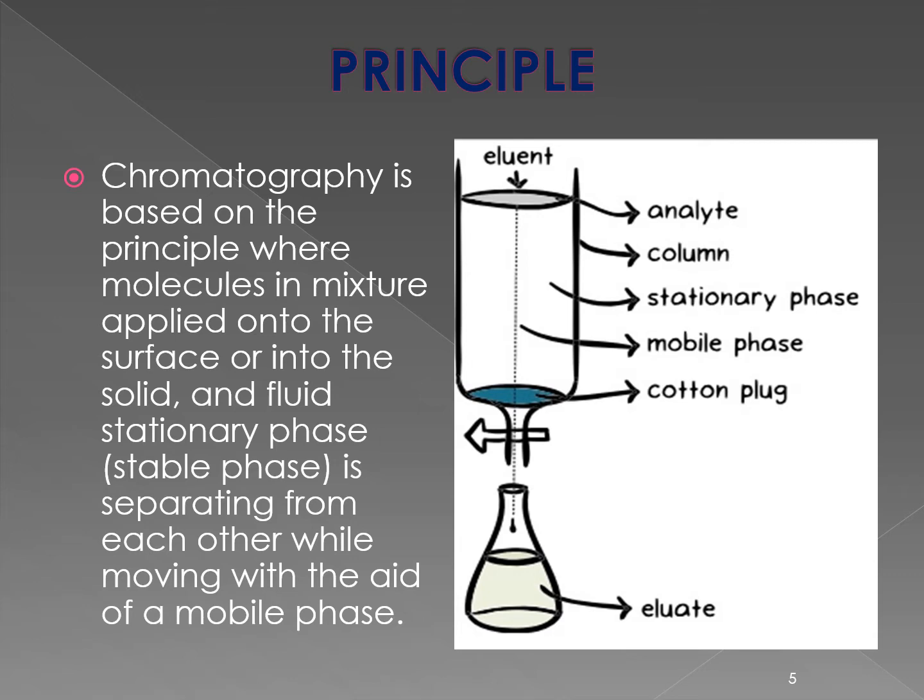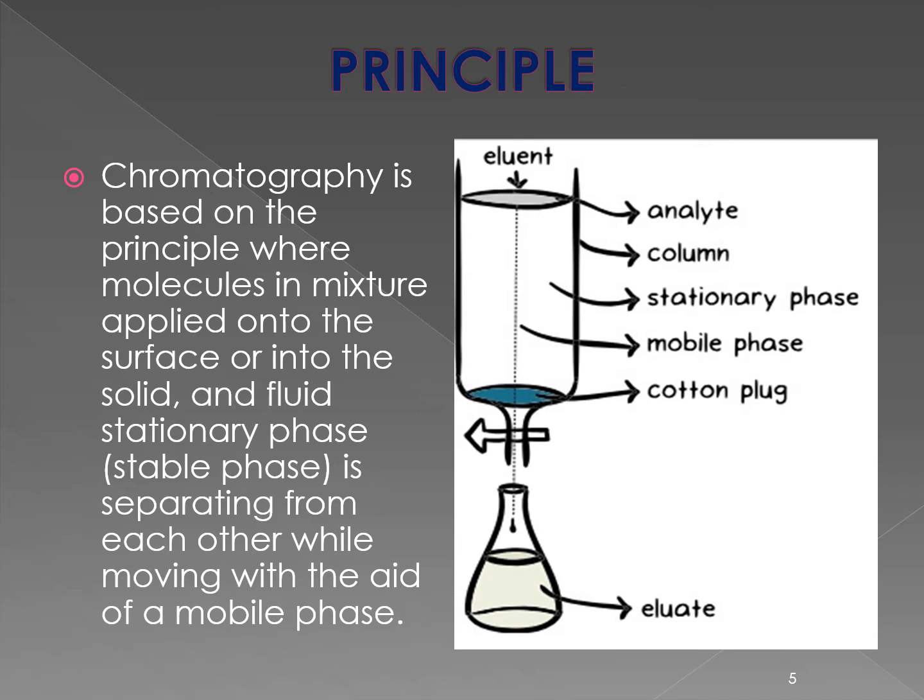The components that we don't want will lag behind in the stationary phase, and the mobile phase along with the eluate components moves downward and out of the column.